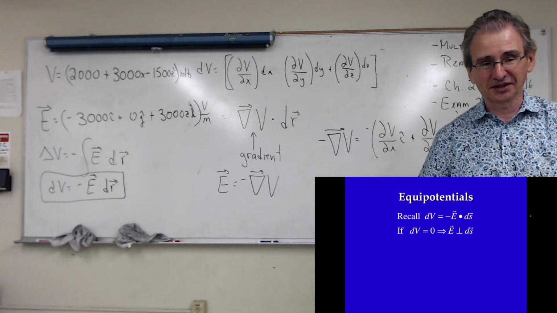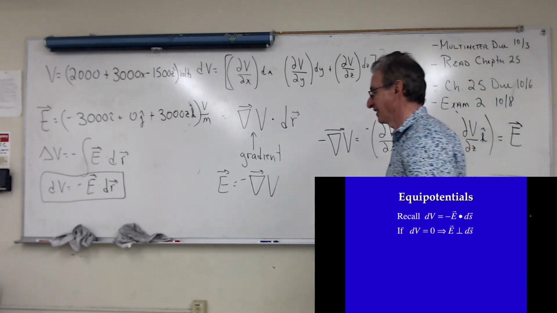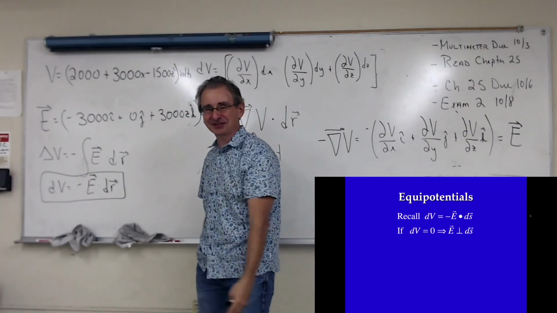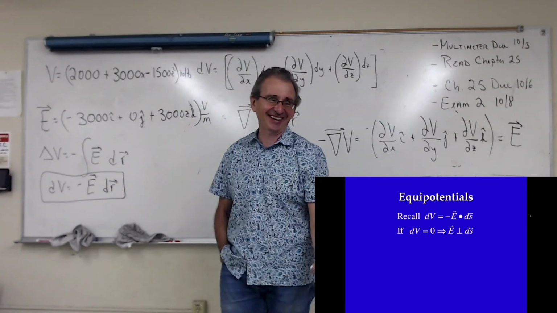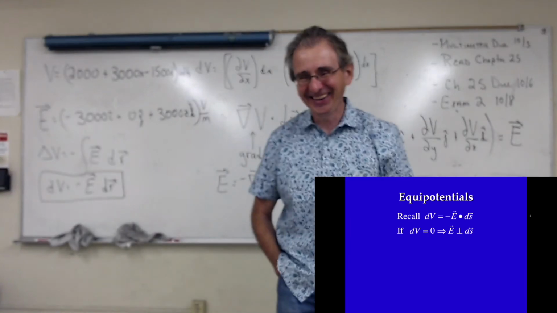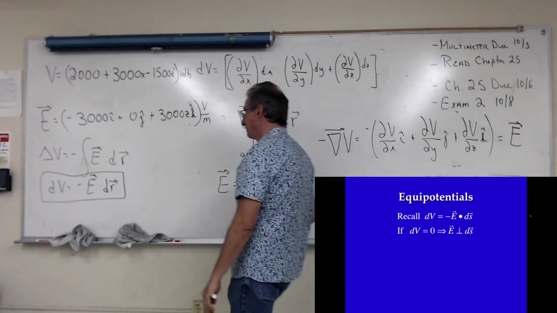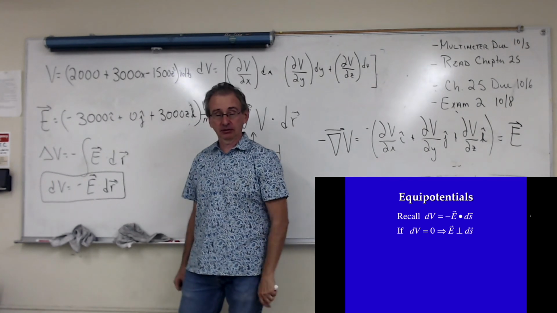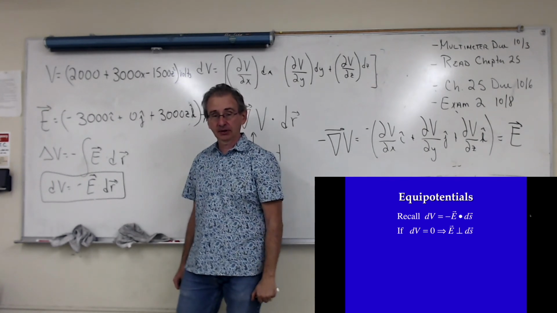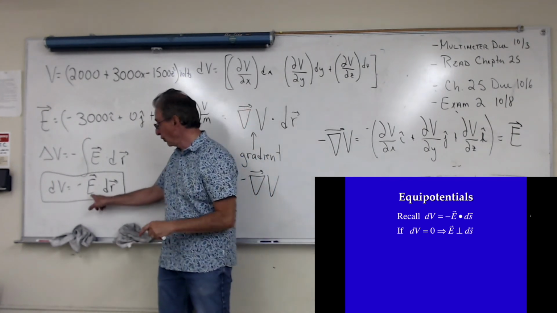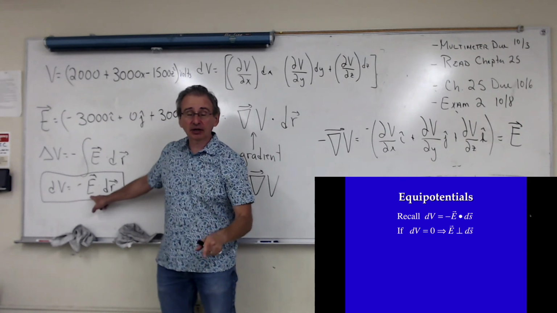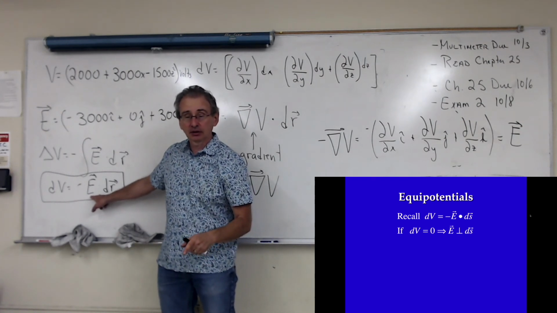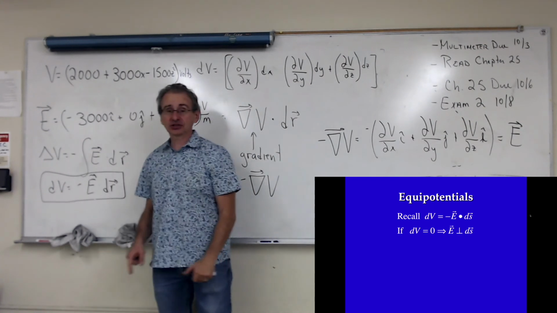Three cases. Perpendicular. Yeah, that's the one I'm interested in. Yeah, when these two are perpendicular to each other, the dot product is zero. So if you move perpendicular to the electric field, V doesn't change.